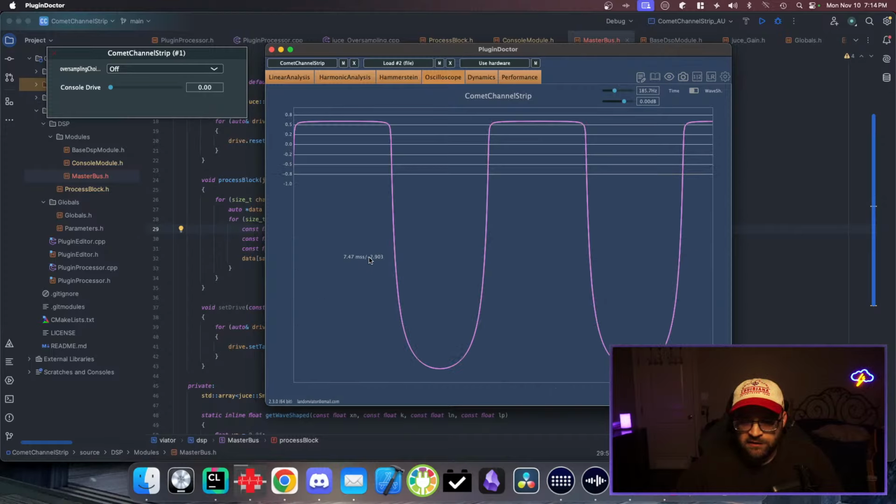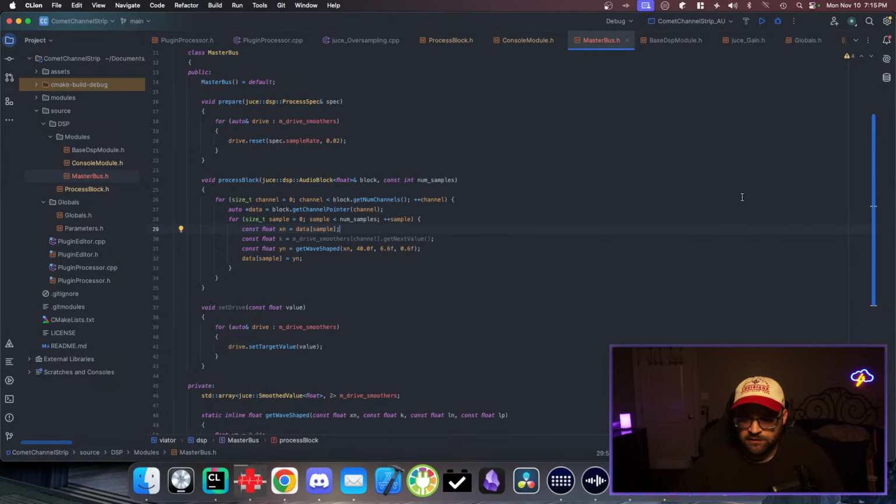There's definitely a DC offset, but it's working. Cool. The shape is correct. All right. For the most part. Okay, that's good. That 40 might be too ridiculous, but we'll see.